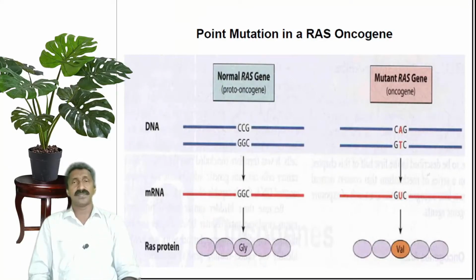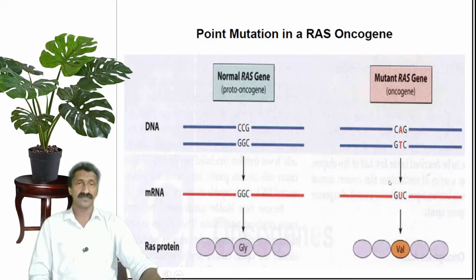So this is about a point mutation that is seen in the case of a RAS oncogene. In the normal RAS proto-oncogene, mRNA is produced from the DNA, and when the RAS protein is produced, here is a glycine.